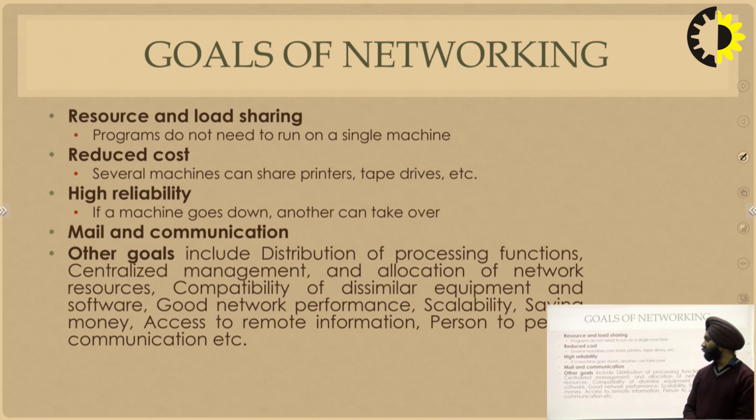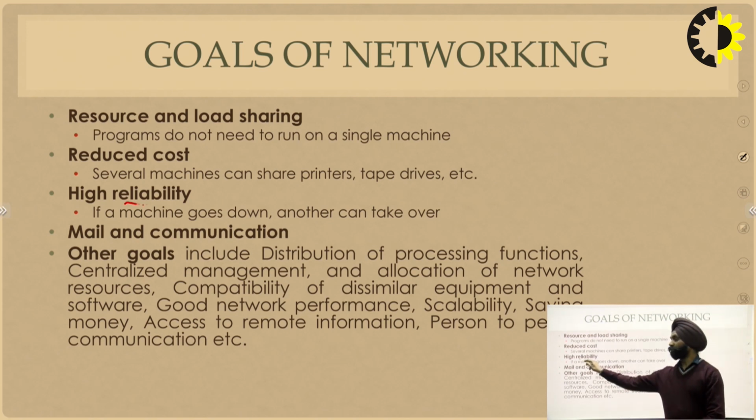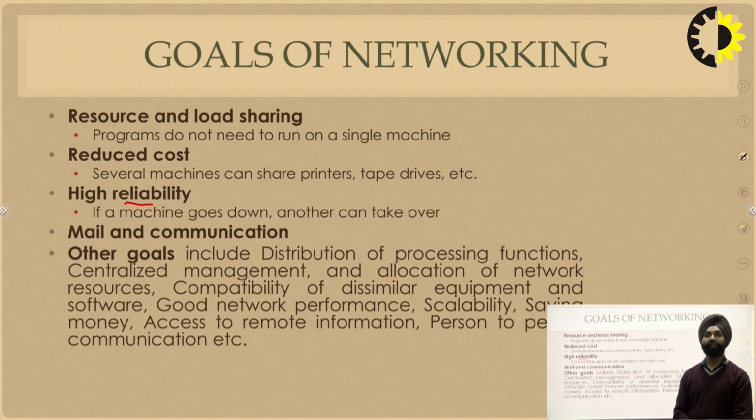Then high reliability. High reliability means that if we want to take a print again, for the printer example, and one PC shuts down or does not work, then we can give the command through the other device. So our task will still be fulfilled, so our reliability is high.